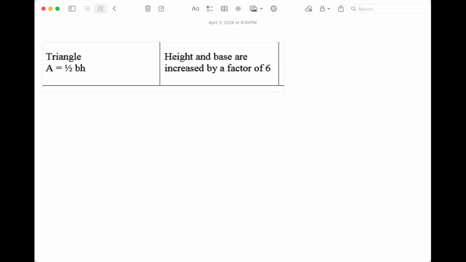Got it? I am waiting for your answers. If you're not getting it, quickly tell me. Shriya, is that right? Are increased by a factor of 6. That's right, Ashrita. Do you want to redo Shriya?